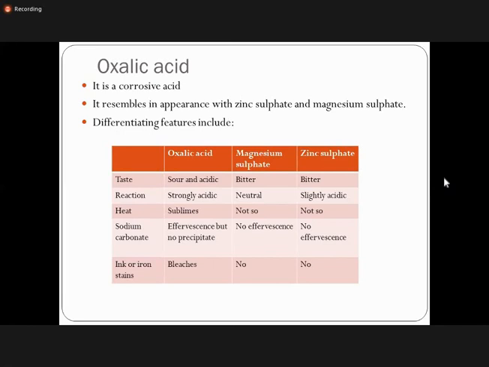So we need to differentiate between the three. All right, because if someone's coming in with a suspected case of oxalic acid poisoning, you must be sure that it is oxalic acid and not something else like zinc sulfate or magnesium sulfate, right?